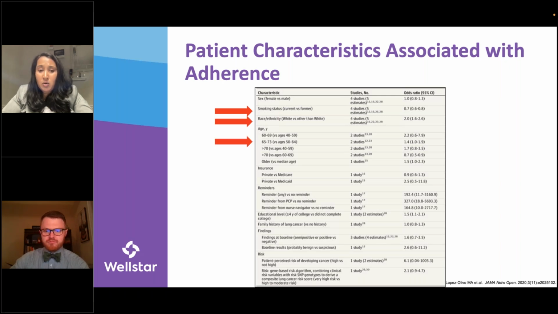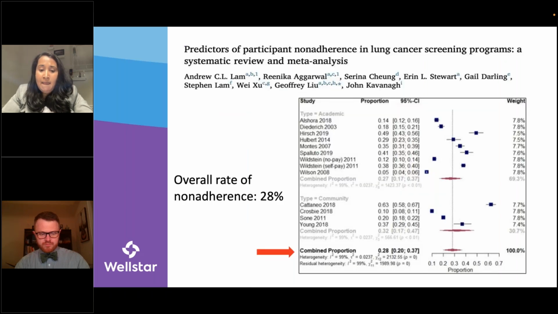Age seems to play a role, where patients between the ages of 65 to 73 years of age will come back for their screening exams. And then education level. Patients that have had a college degree or more than 4 years of college education are more likely to come back for their adherence exams. This was another study that, again, looked at adherence and non-adherence for patients when it comes to lung cancer screening.